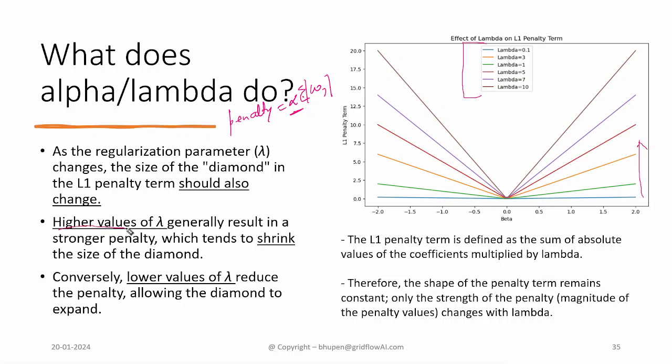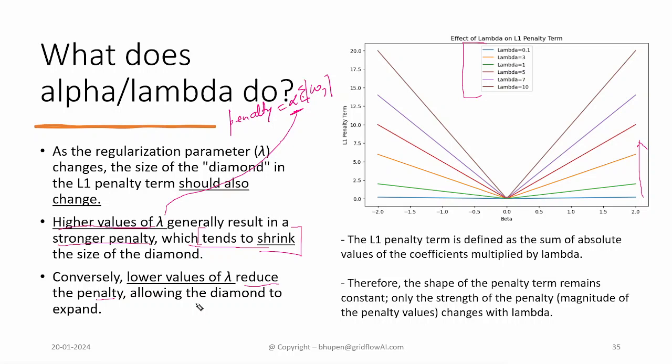That means the higher the value of lambda or alpha, this will result in a strong penalty. Because of the strong penalty, this will tend to shrink the coefficients. Now, this is another part that we need to understand, why it is going to shrink. Just the opposite will happen if you have a lower value of lambda: it will reduce the penalty, and in that case the diamond will be bigger.